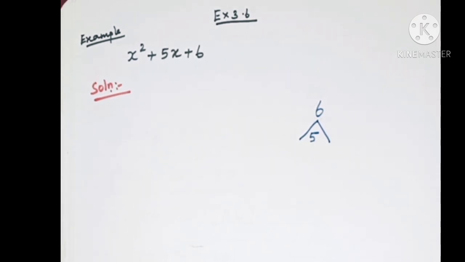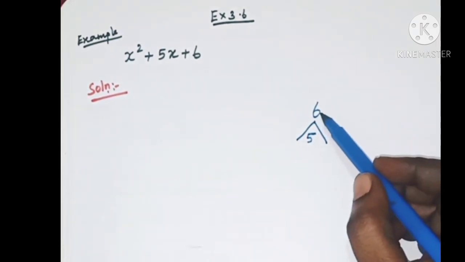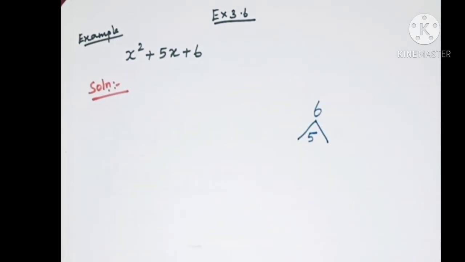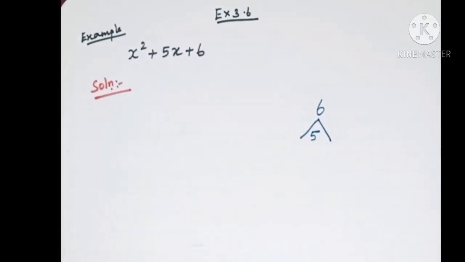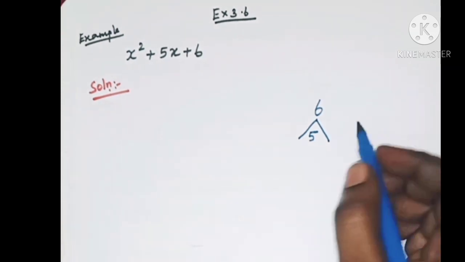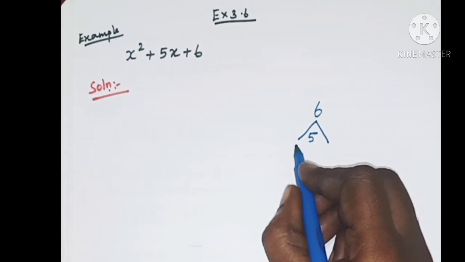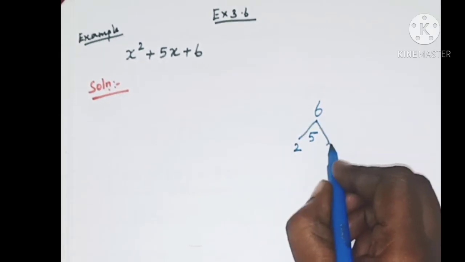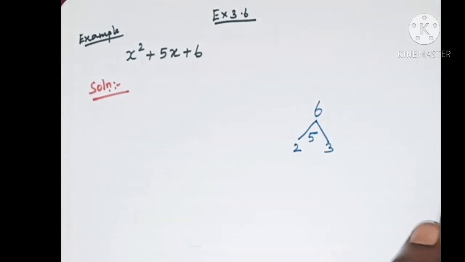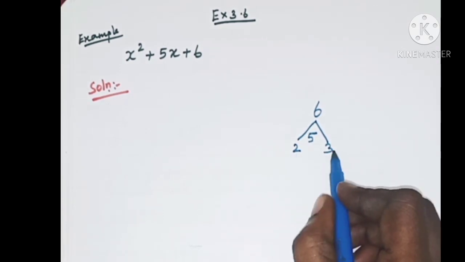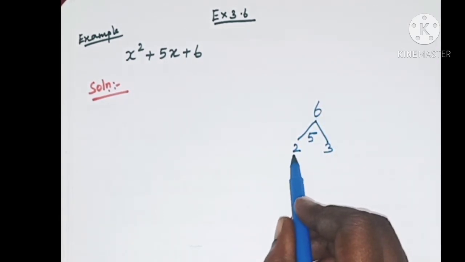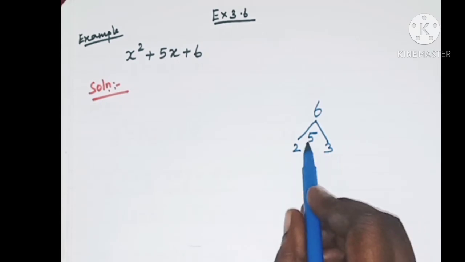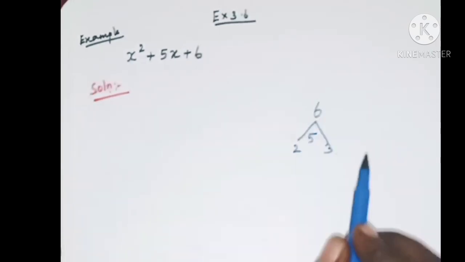If we multiply the two numbers, we should get 6, and if we add the two numbers, we should get 5. Identify the two numbers. Yeah, very good. The two numbers are 2 and 3, or 3 and 2, both are correct. So 2 threes are 6, and adding these two numbers, 2 plus 3 is 5.